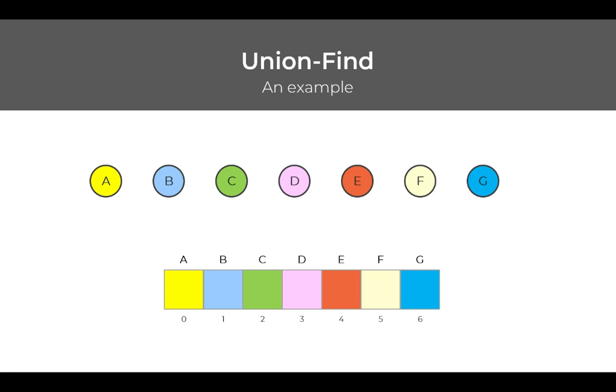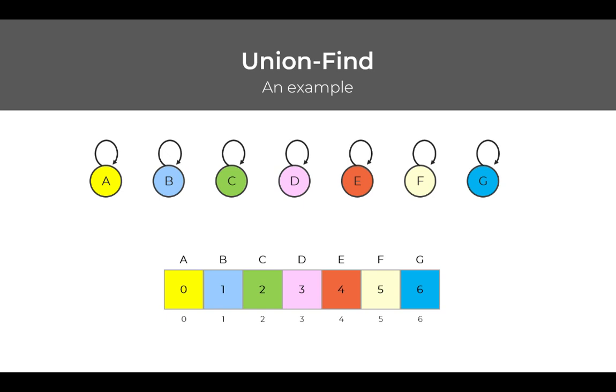To represent that they are single partitions, each of them references itself. So in my array, I'm going to put at index 0 the value 0, meaning that it is the root of my set or my tree. For B, saying that it's a root of itself, I'm going to have the value 1. For C, I will have the value 2, and so on, which is the same value as their index.